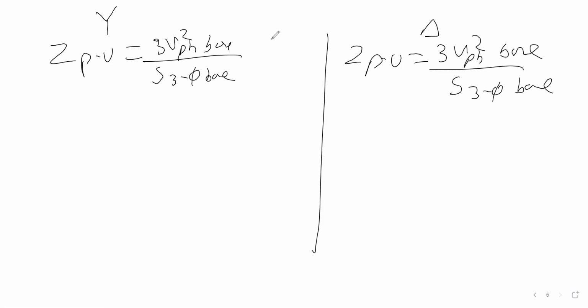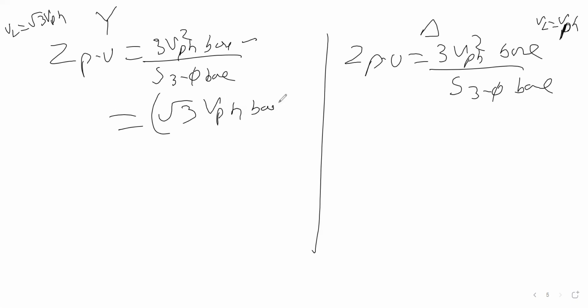Now in star we know your VL equals root 3 VPH, right? We know this part. We'll write over here: in star, VL is root 3 VPH, and in delta we know VL is equal to VPH, right? So if we convert this segment as we have done, root 3 VPH base, of whole square, it is similar.